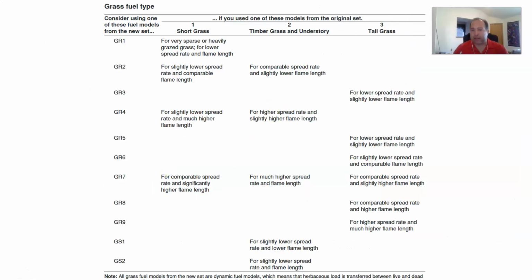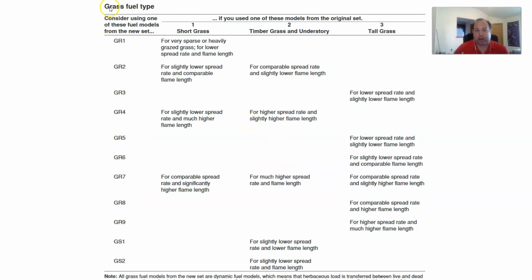Just in case we're worried, I do not expect you to memorize all the different fuel models. I do definitely want you to understand that there are 40 fuel models, and they're broken down into 4 groups: the grass, the shrub, the timber, and the slash. You should definitely know that, but I don't expect you to know all 40. I'm just going to give you an overview.